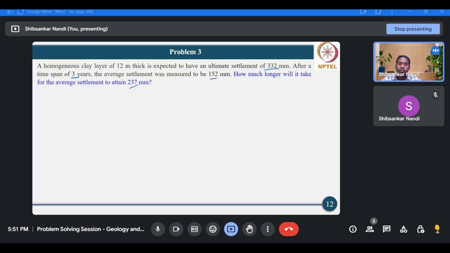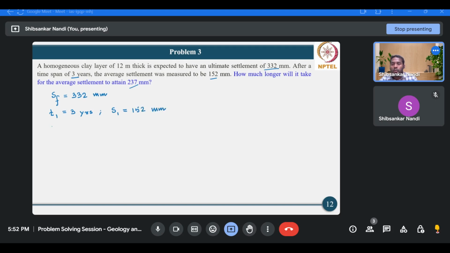In this problem, the ultimate settlement SF is given, which is 332 mm. Then for a time span T1, equal to 3 years, the measured average settlement is given as 152.